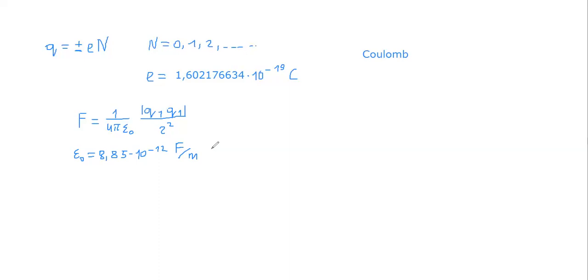We will learn in the future. It is a unit of capacity, and this is the electric constant, or vacuum permittivity.